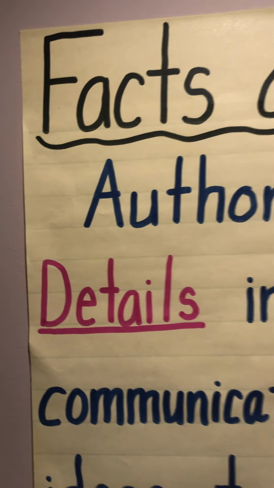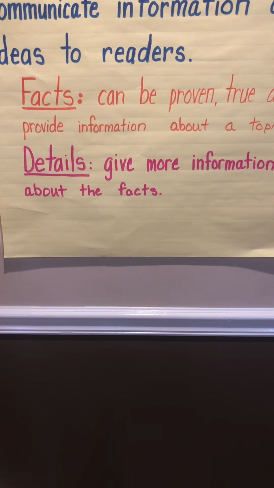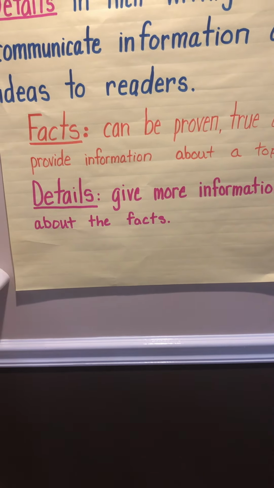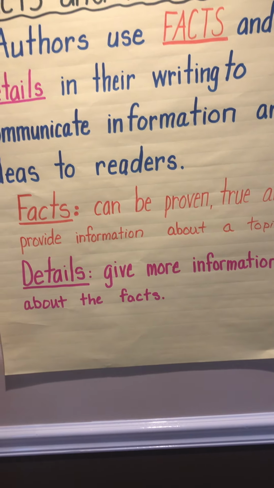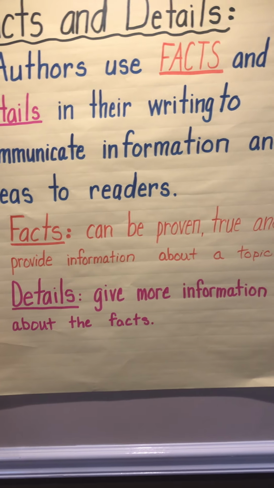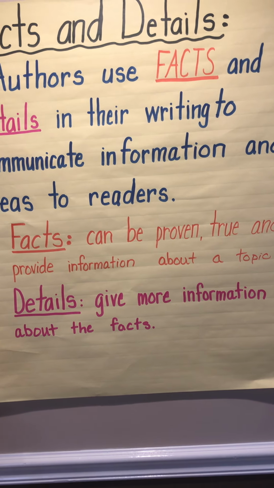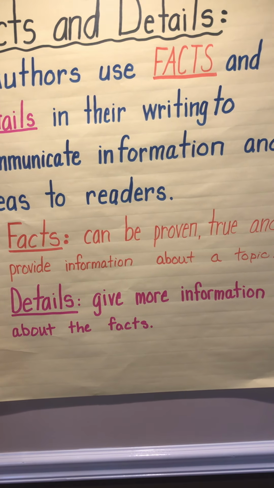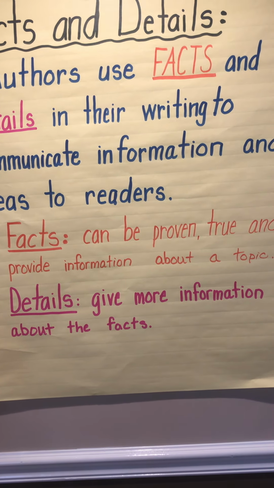So remember, facts can be proven true and provide information about a certain topic. For example, I might say apples give us lots of different types of food. That would be a fact. That's true. We can prove it. A detail about that fact, that apples give us lots of different types of foods, could be we use apples for apple pie, for apple sauce, for apple cake, for apple juice, for apple cider.